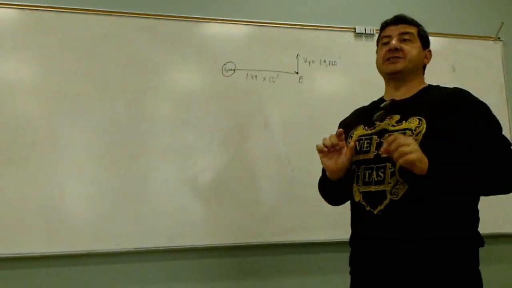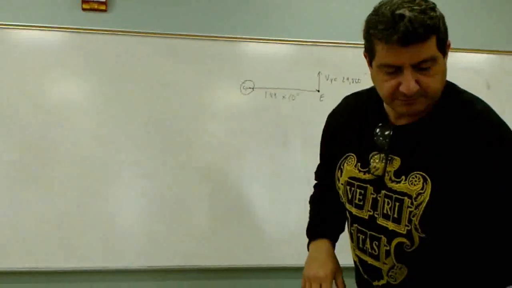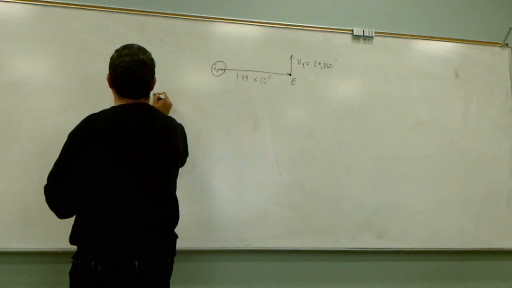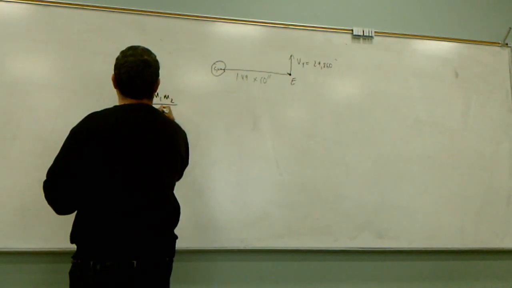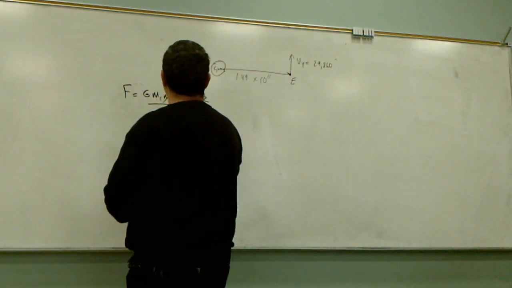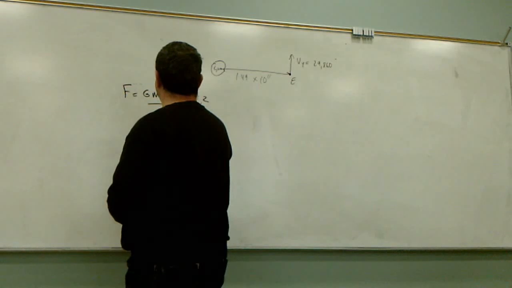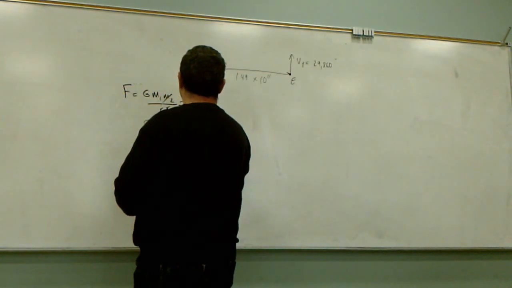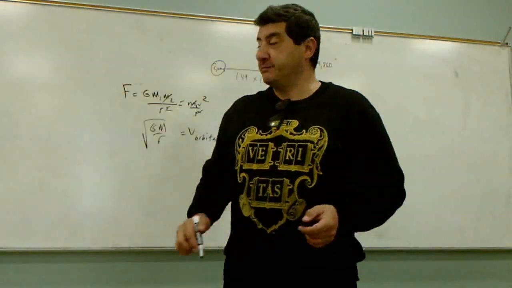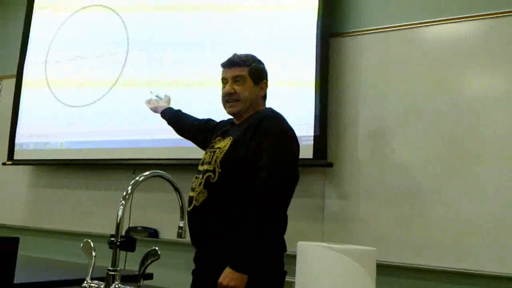So Excel, just by using the equations of kinematics, is giving you the same answer that you get by doing this equation. GMm over R squared is mv squared over R, the m's cancel, and then one R cancels. v is equal to the square root of GM over R. The orbital velocity is the square root of GM over R, right?